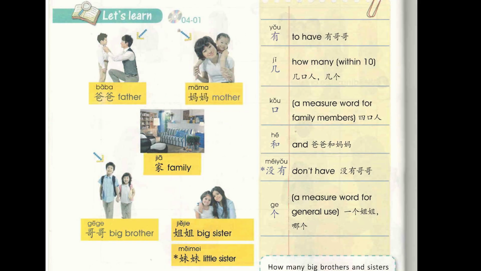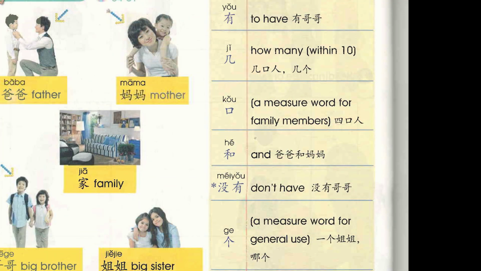Now let's learn some vocabularies. Number 1. 爸爸妈妈家哥哥姐姐妹妹。Now let's learn some words and their meaning. 一有，that means to have.